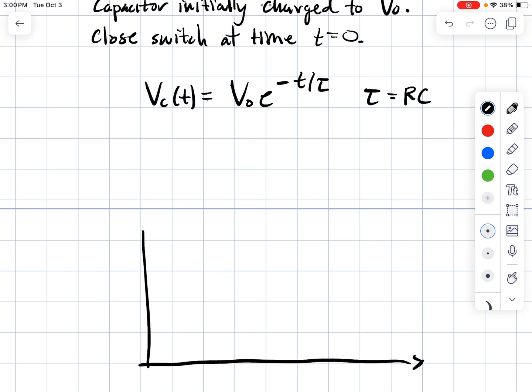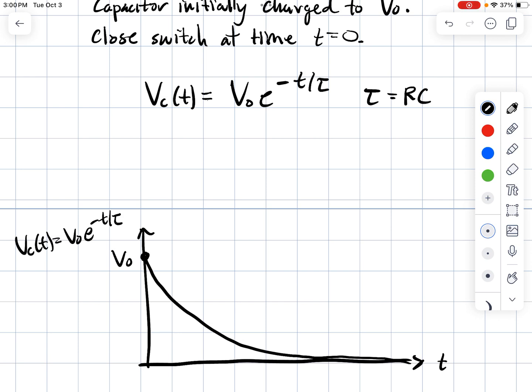Let me redraw that. Vc of t is equal to V0 e to the minus t over tau. It starts at t equals 0 at a voltage of V0, and then it decays exponentially. It looks something like that.